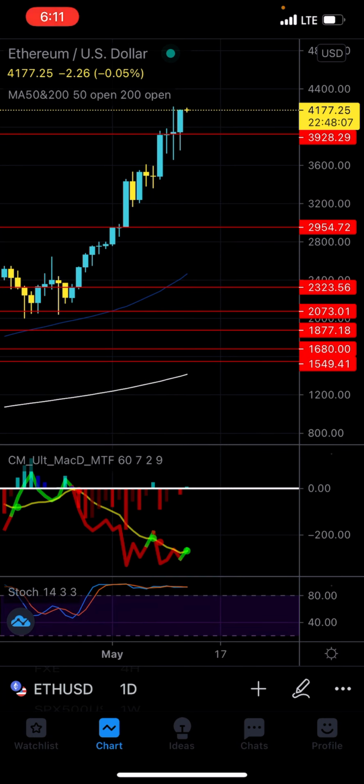So all we're doing right now is looking for buys, right? The highest point of Ethereum was this 4211 level, which I should probably set up as a price of resistance, since it's the previous high.